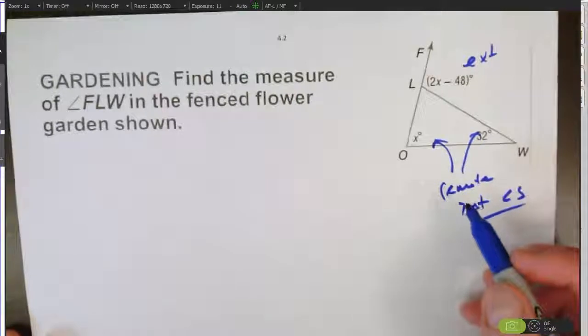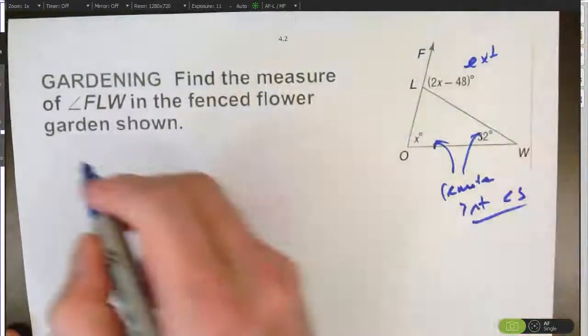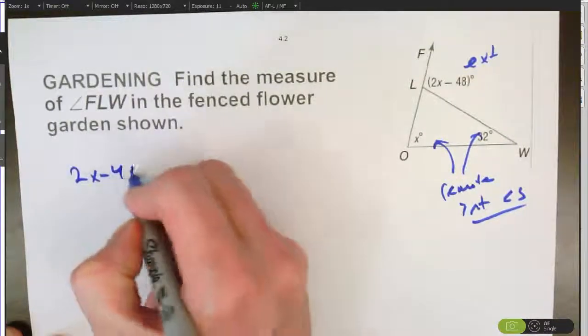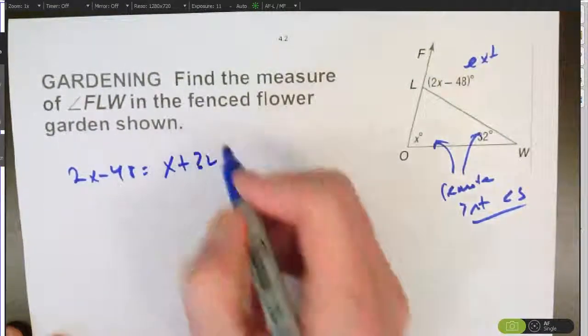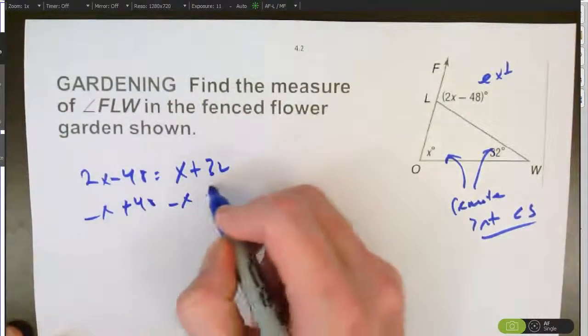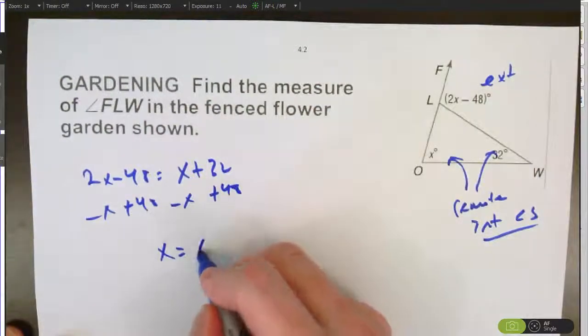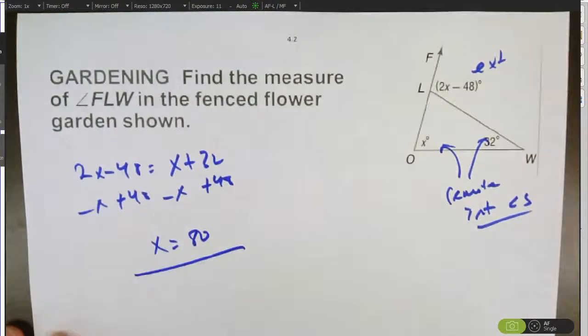So by the exterior angle theorem, this has to equal the sum of those two. So 2x minus 48 has to equal x plus 32. Subtract an x, add 48 to solve. That gives us x equals 80.